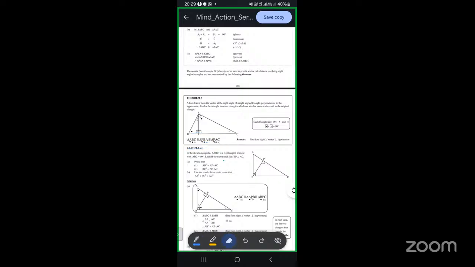Okay, we know that. Now our reason is that the line from the angle vertex is perpendicular to the hypotenuse of the triangle.